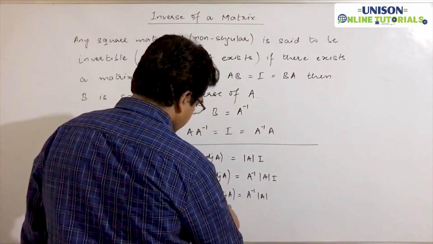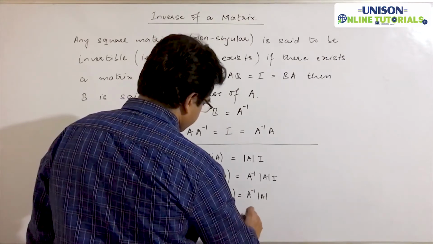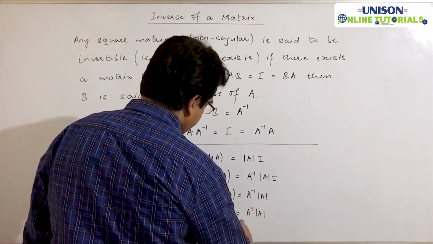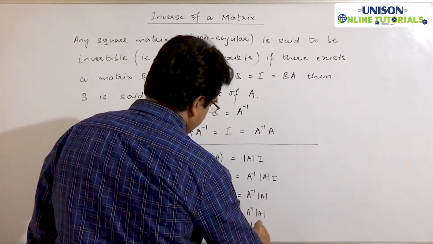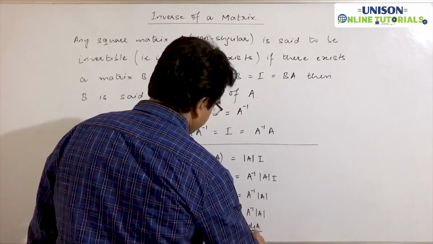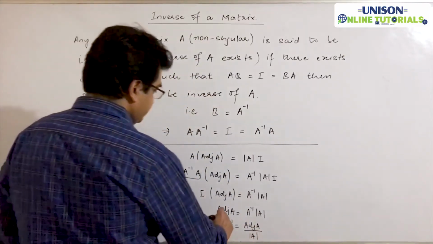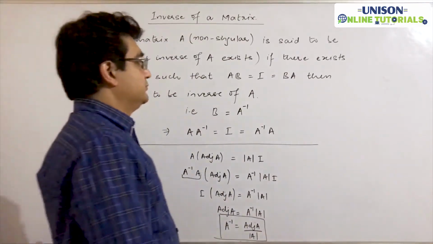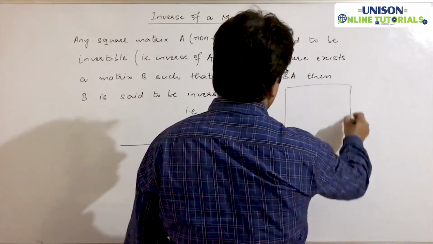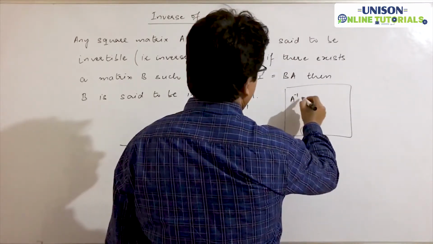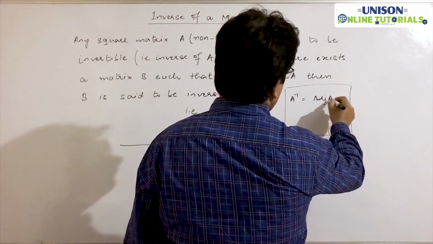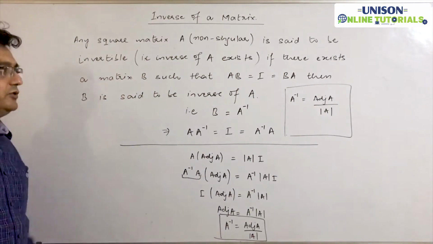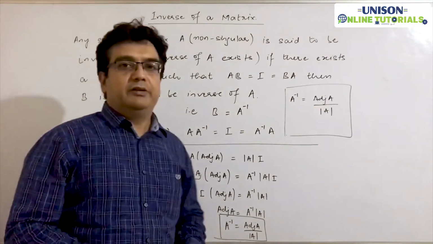So therefore adjoint A will be equal to A inverse into determinant A, which implies A inverse is adjoint A upon determinant A. So that is how A inverse can be calculated. A inverse is equal to adjoint of that matrix upon determinant of that matrix.